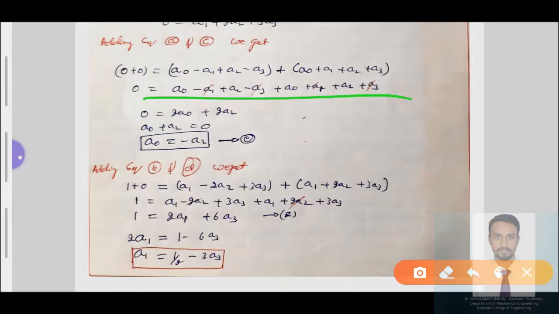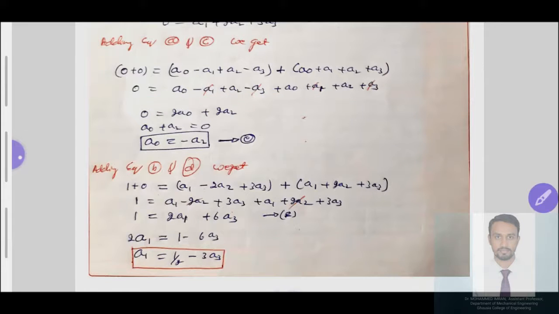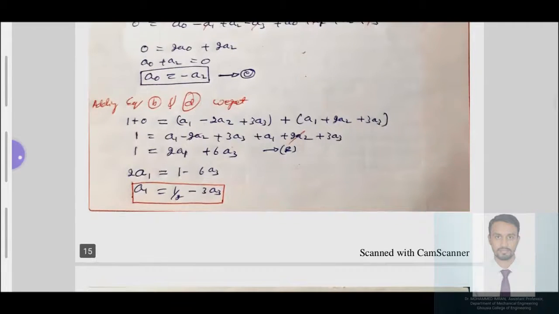This 4 unknown characteristic equation becomes a 2 unknown characteristic equation. We have a0 plus a0, this will be equal to 2a0, and 2a2. I have taken 2 common and sent it towards the right-hand side, and it becomes 0 again. a0 plus a2 is equal to 0, then a0 is equal to minus a2. Call it equation number E.